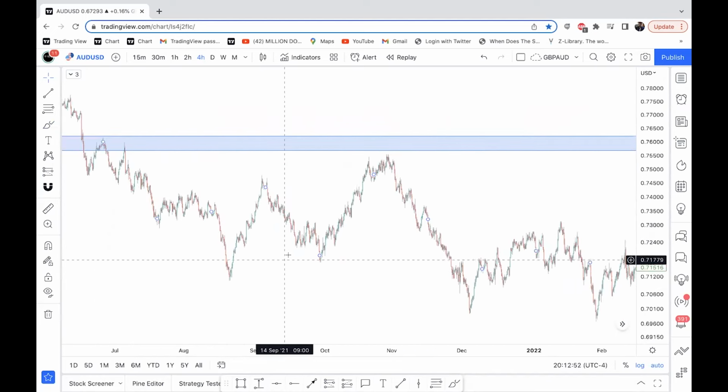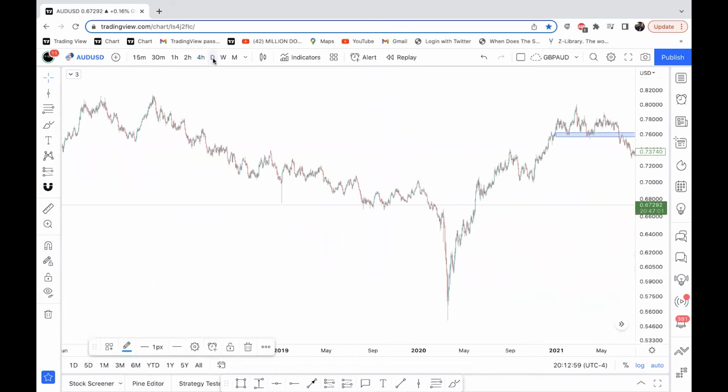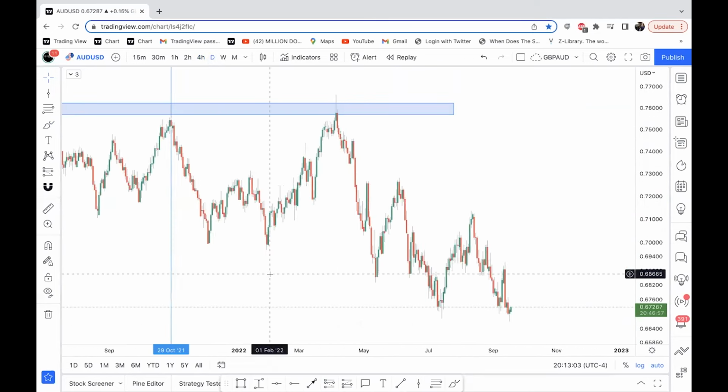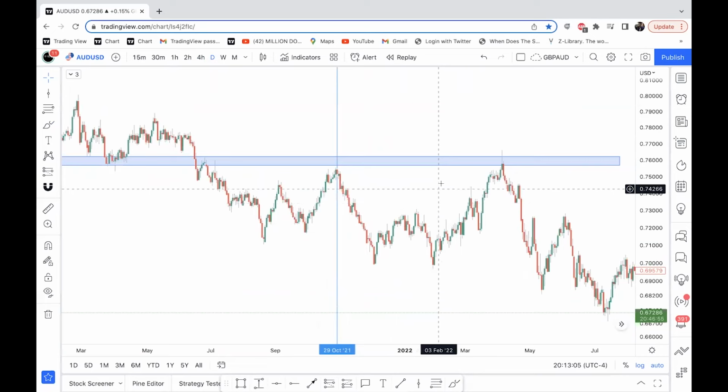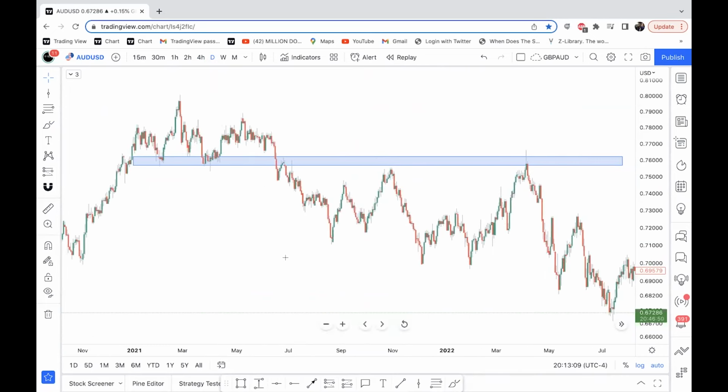But let's look at this part on the daily, because we're still looking at the higher time frame, and we're understanding that we still have action for more downside, because we're still trading below this level.